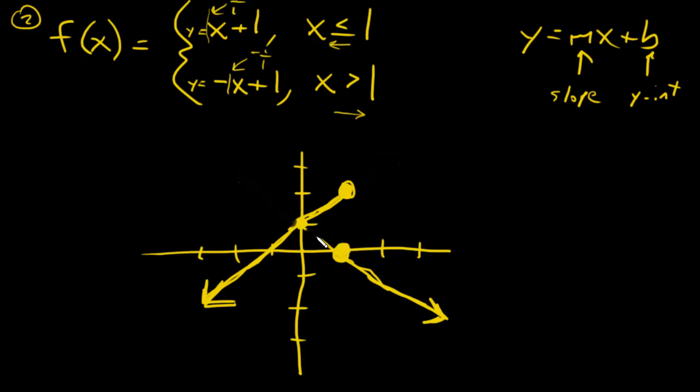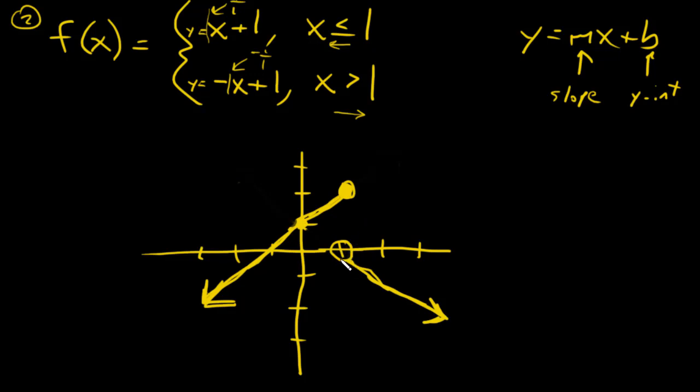I'm going to try to be a little bit careful. Since it doesn't include x equals 1, I want to put an open circle right there. And there we have it. That's what the function looks like. And notice there's no overlap at x equals 1 because only the top one includes that point. The bottom function does not.